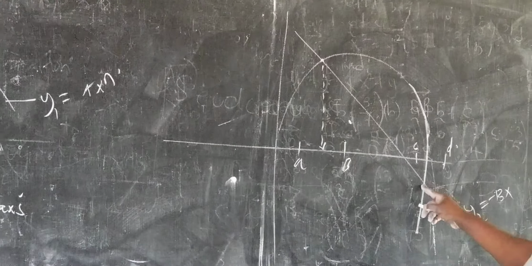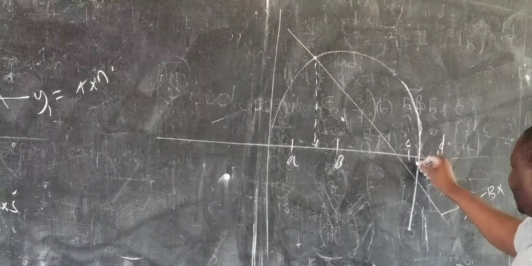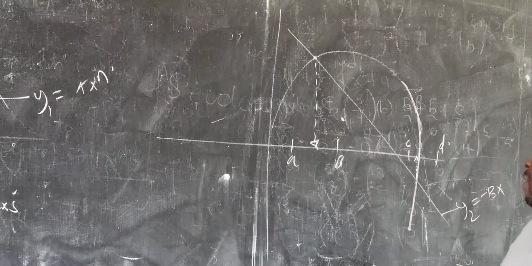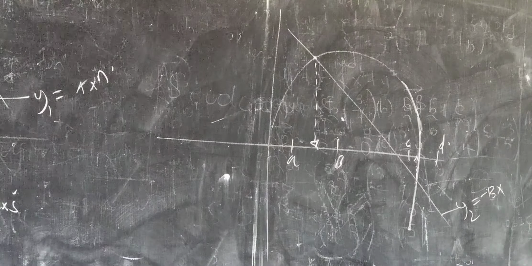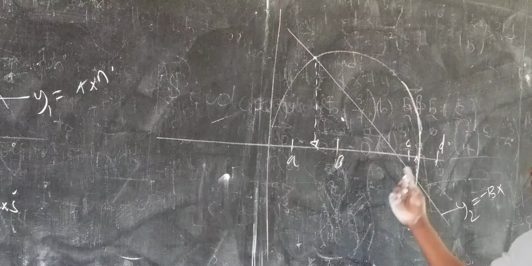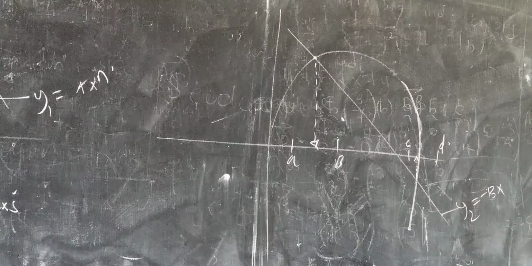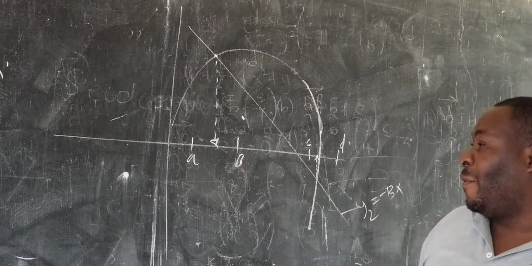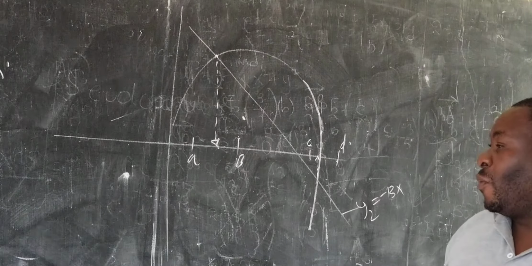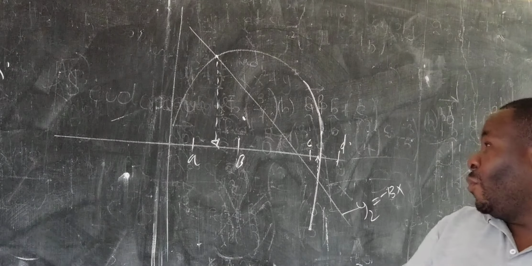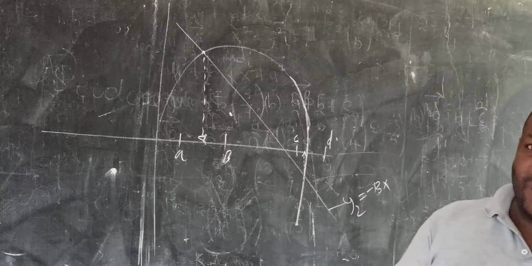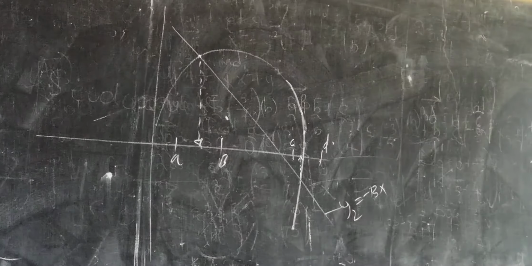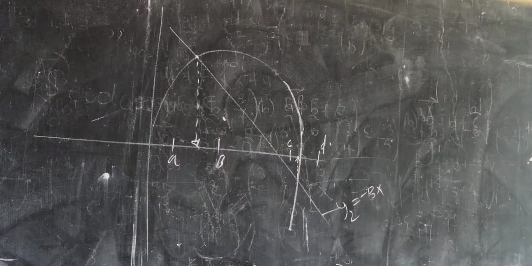When they intersect at this point, this one here is also a root of the equation. What that means is that the equation has two roots, one in the interval AB and one in the interval CD. But it can also intersect two times in the same interval, meaning the equation has two roots in the same interval. Wherever the curves or graphs intersect, that's where you locate the root.